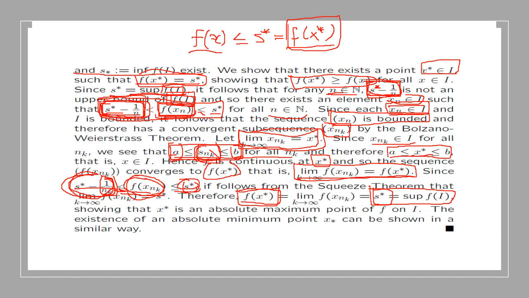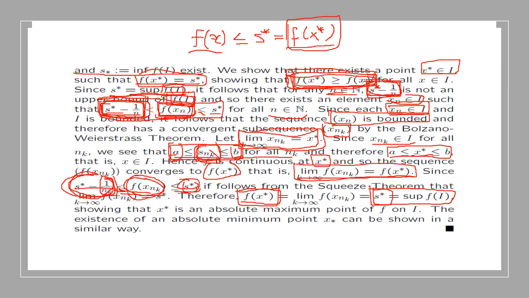What you do in that case, you have to show that there exists an element x star down in I such that f of x star down is less than or equal to f of x for all x in I. Let me say that again. The proof is just similar to what we have done here, and so I'll not go through it.